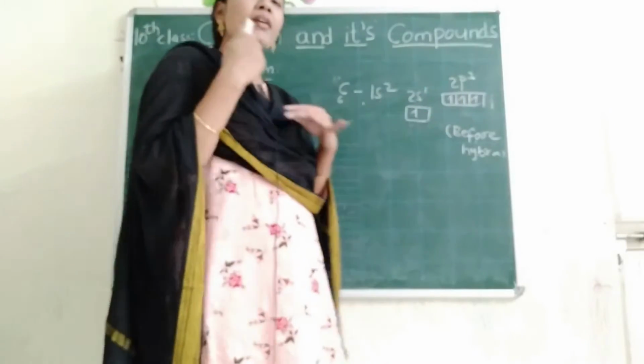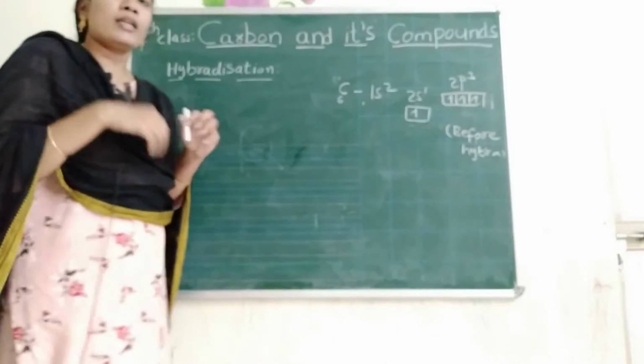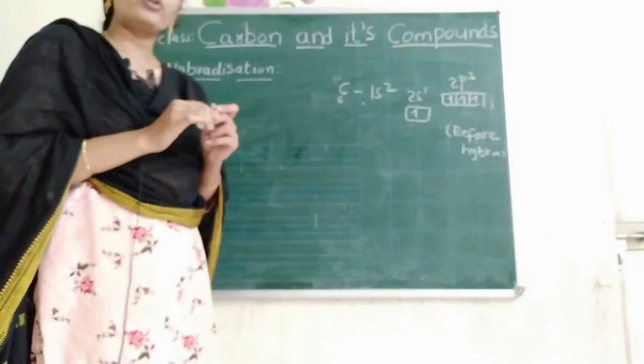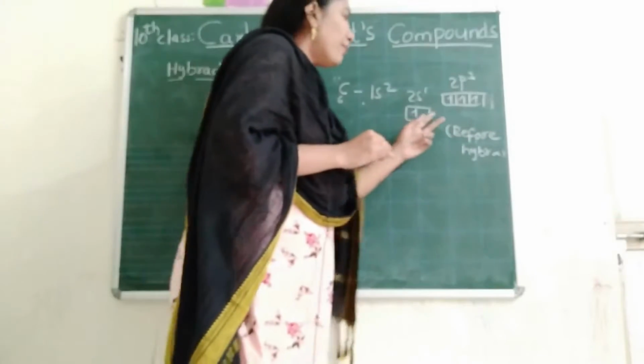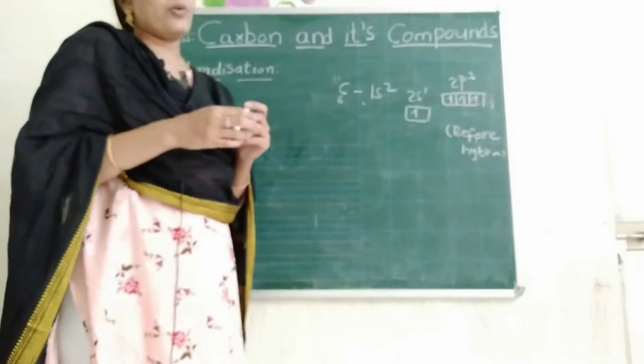Mix, they are redistributed. The intermixing and redistribution of atomic orbitals having nearly equal energy. Of course, there is a difference in energy, but it is a very small difference, so we can say nearly equal energy.